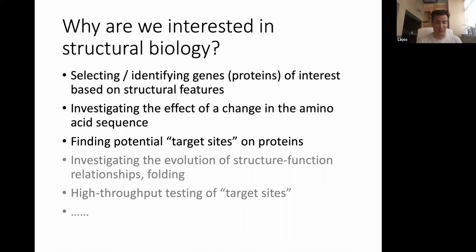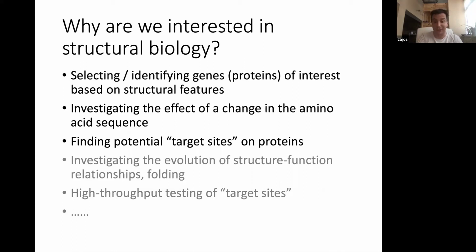Also, there is a complete area in protein structural biology which focuses just on folding. So you will see that most of the proteins, especially in prokaryotes, have a tertiary structure, so they form a well-defined three-dimensional structure in their native state.